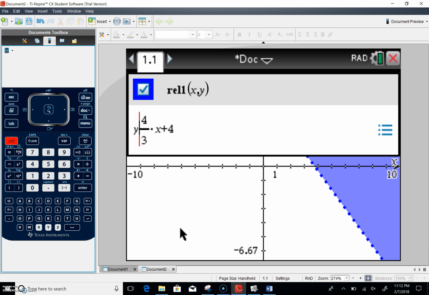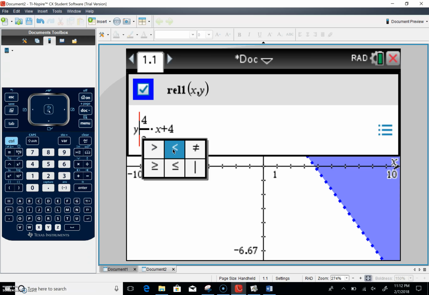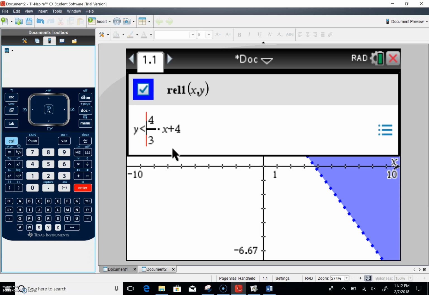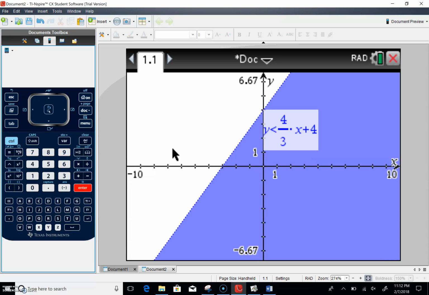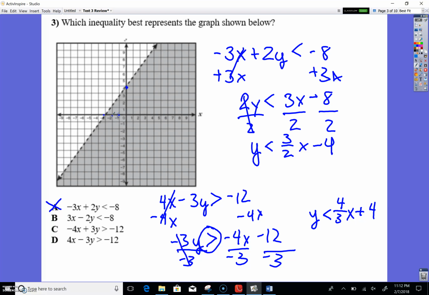I need to change it. So I want to use less than. 1, 2, 3, 1, 2, 3, 4. So that should be correct.